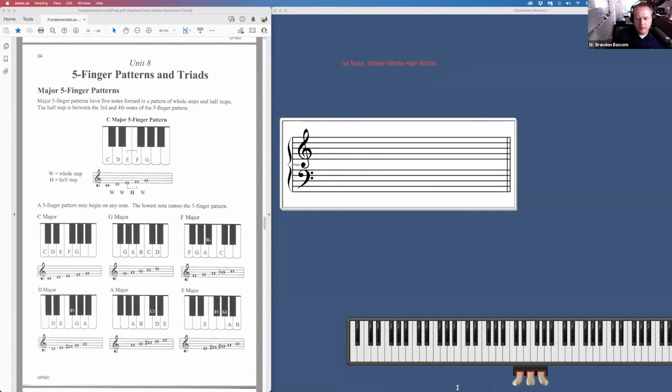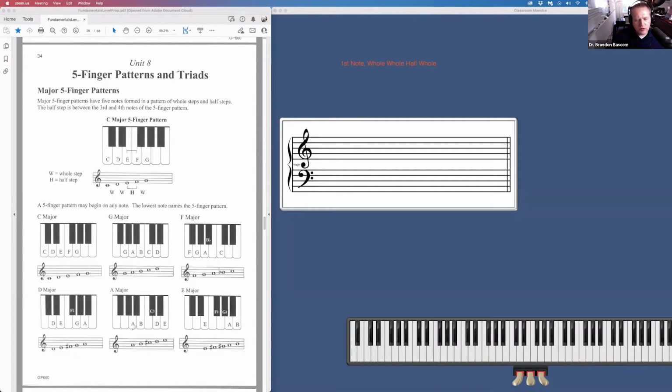As you can see here, we have our first note, whole step, because there's a note in the middle, whole step, there's a note in the middle, half step, no note in the middle, whole step, note in the middle. So that is our formula for a major five-finger pattern.